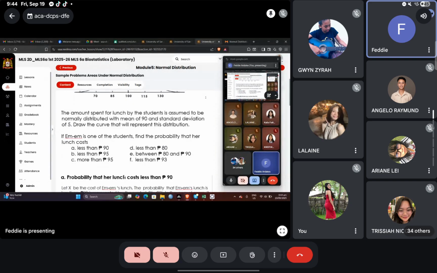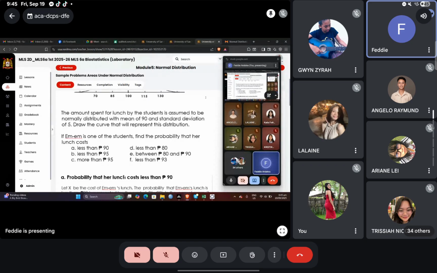If MM is one of the students, find the probability that her lunch cost: letter A, less than 90. Letter B, less than 95. Letter C, more than 95. Letter D, less than 80.